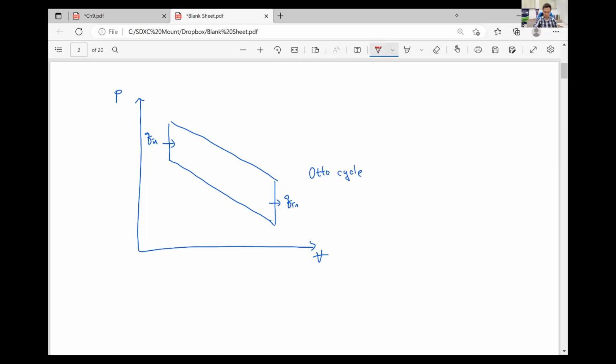In the diesel cycle, the heat addition process is replaced by a constant pressure process. But Q out is still constant volume. This is Q in. This is Q out. So the right one is the diesel cycle.